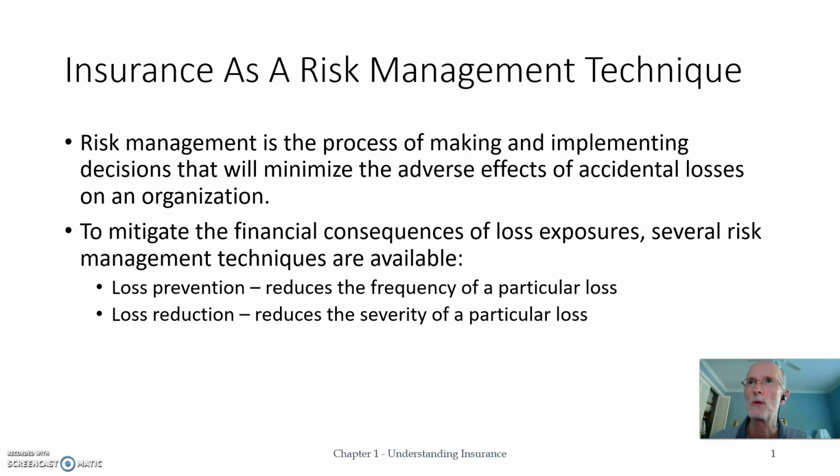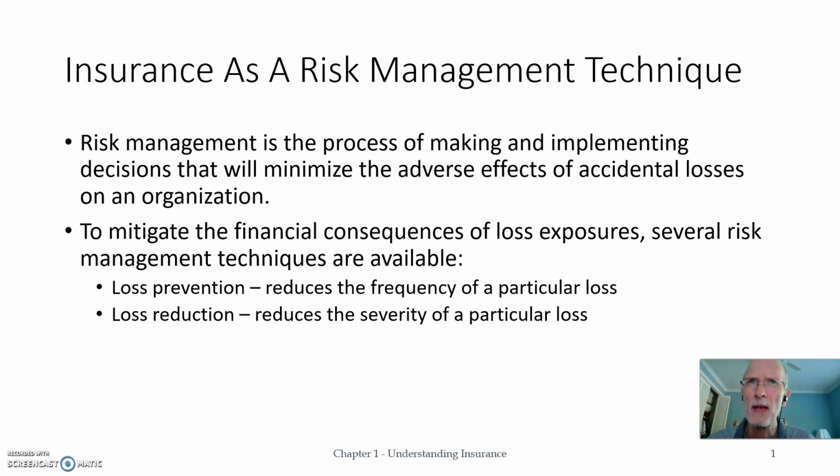So let's start out with the business of a risk management technique. And as the slide indicates, risk management is the process of making and implementing decisions that will minimize the adverse effect of accidental losses. And it says on an organization, but you can think on a family and an individual as well.